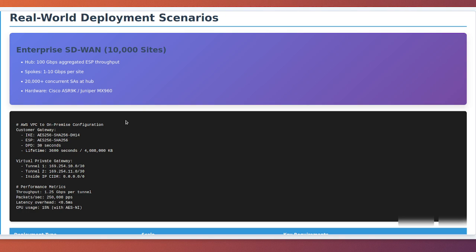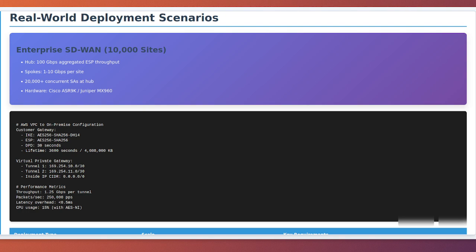Cloud service providers use ESP with AES-CTR for tenant isolation and secure multi-tenancy. In AWS, for instance, the Nitro system uses IPsec to encrypt all traffic between instances and storage systems. Every EBS volume access, every packet between instances in different availability zones, is protected by ESP.